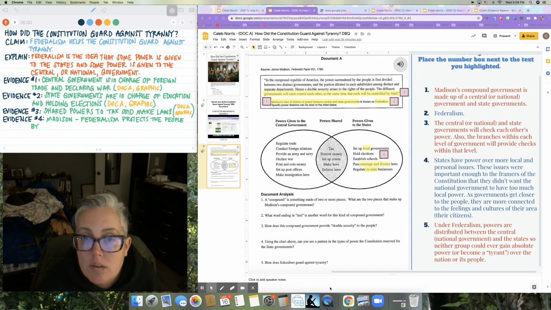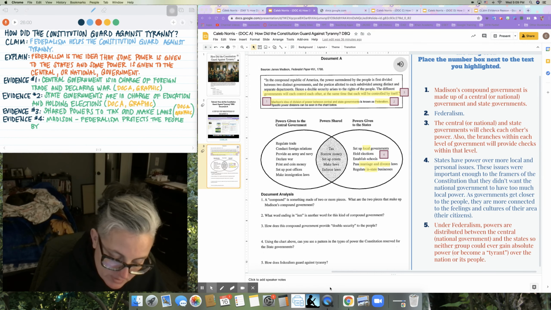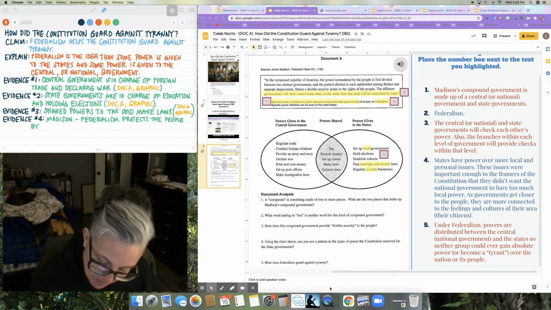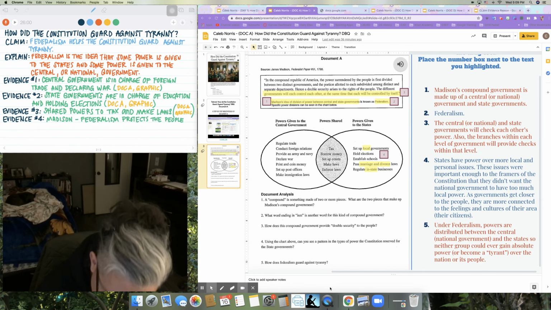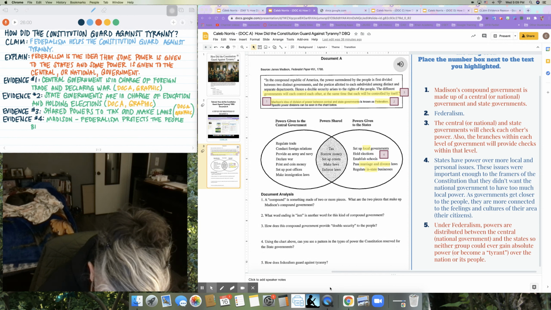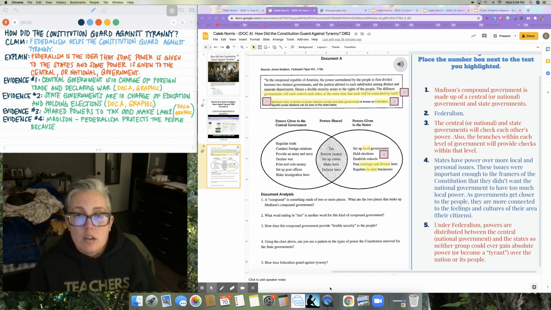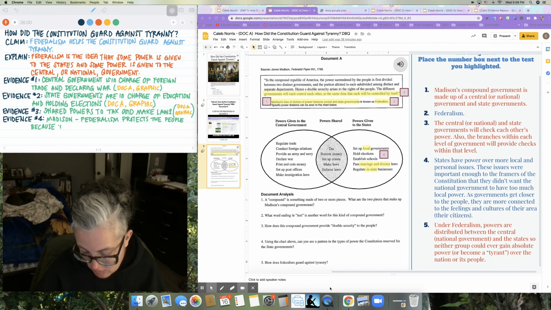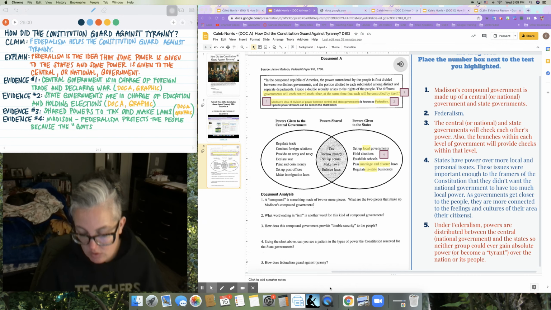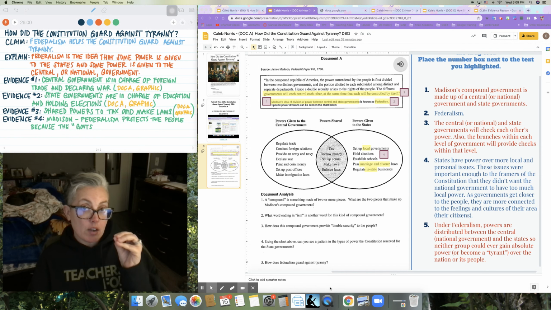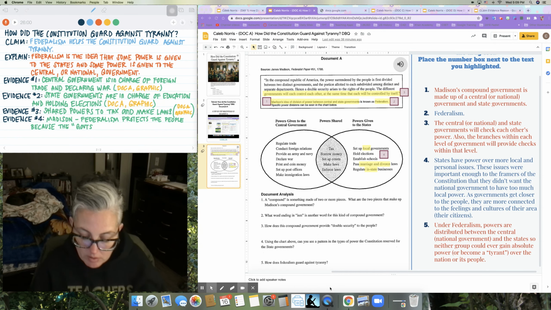And I'm going to take off by, protects the people, because, and I'm going to use quotes, and I'm going to just abbreviate it now, but write it out in the actual paragraph.